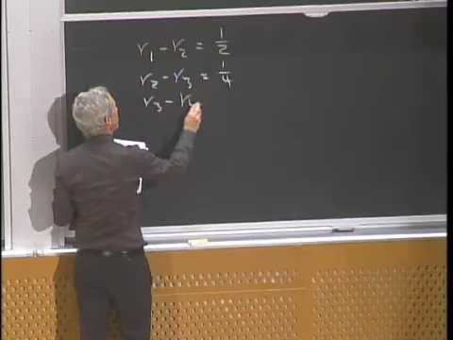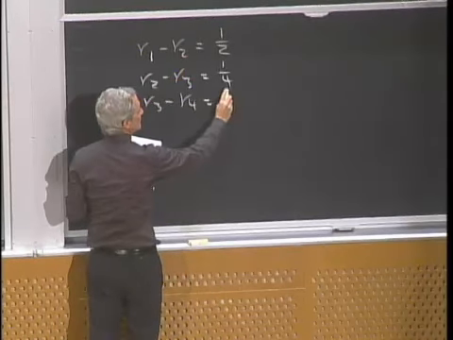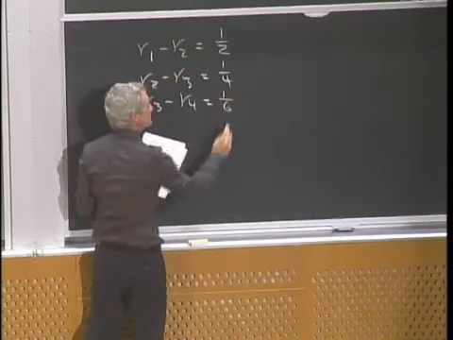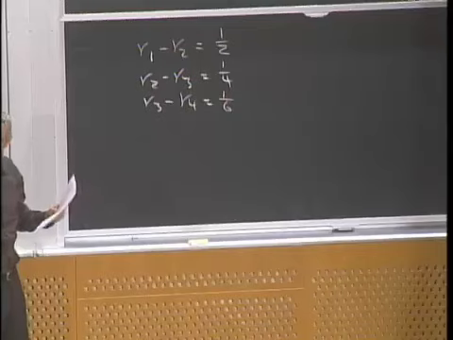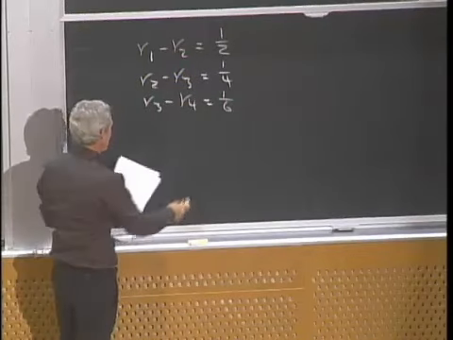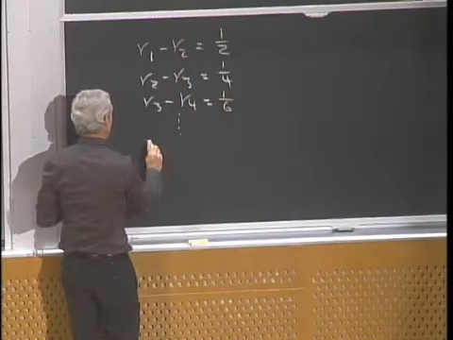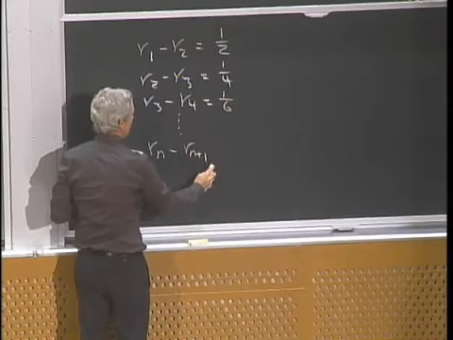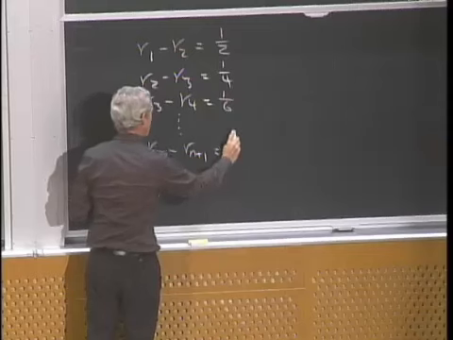R3 minus R4 is what? A sixth. All right, so now you can start to see what the TAs did, how it got smaller each step going down. All the way to the end here, you get Rn, the nth block minus the table, is 1 over 2n.